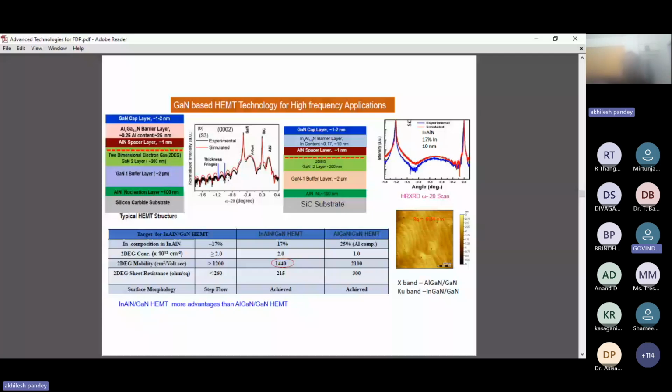So as the thickness decreases, the frequency increases, because the gate length has to be reduced. If it is 25 nanometers, the gate length is higher as compared to indium aluminum nitride. But if we go to 17 nanometers, the thickness is decreased. In that case, we can go for a T-gate or a low length gate. So its frequency increases, and it can go for high frequency.